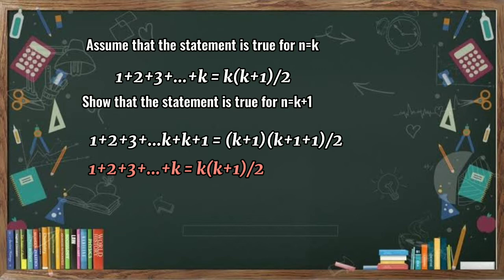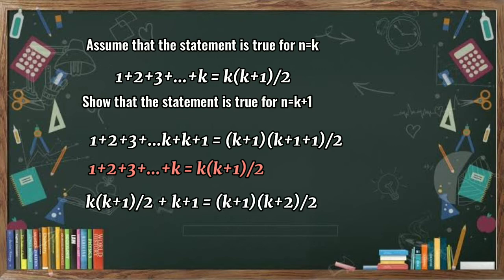We'll replace it with the right-hand side of this assumption. So we will have k multiplied by k plus 1 over 2 plus this k plus 1 is equal to k plus 1. Then this k plus 1 plus 1, we can have this as k plus 2. So we will put k plus 2 over 2.